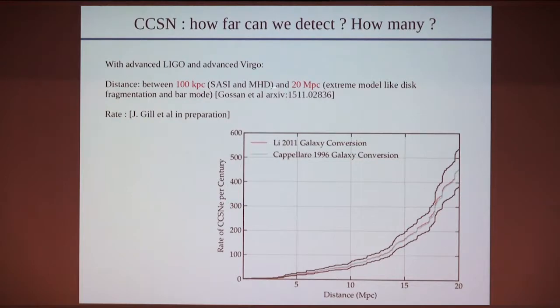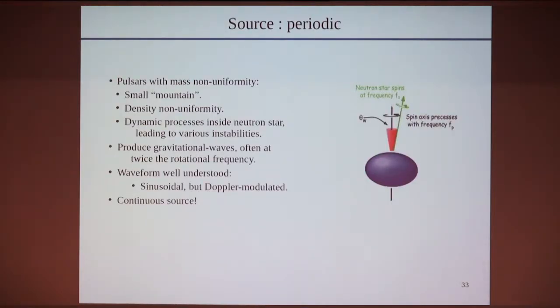There are some models that tell us that with advanced LIGO design sensitivity, we could go up to 20 megaparsec, which means going to the local group, the nearby universe. In that case, the number of sources is increasing. We could expect maybe 100 per century, that means one per year. But this is very optimistic, and no one is believing that.